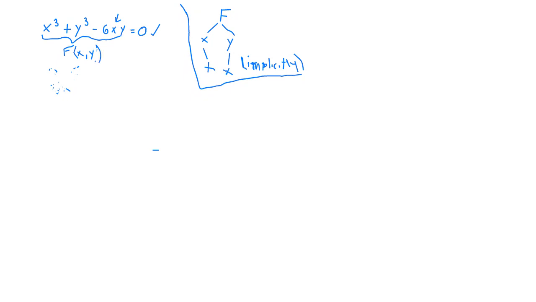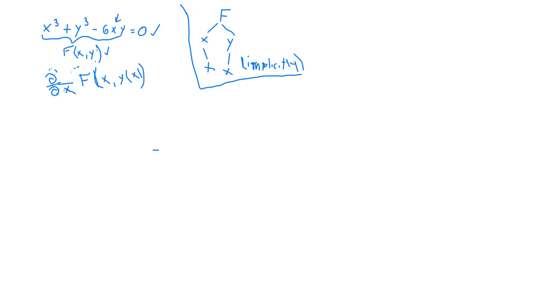Okay, so I'm going to differentiate both sides of this equation with respect to x. And I'm going to take the partial derivative of the function on the left, the function of x and y. But I have to write, of course, that y is a function of x, because y is a function of x implicitly.